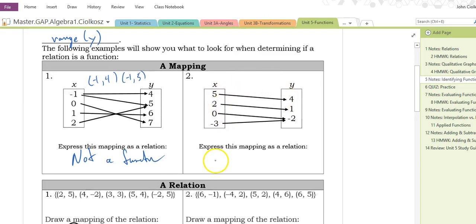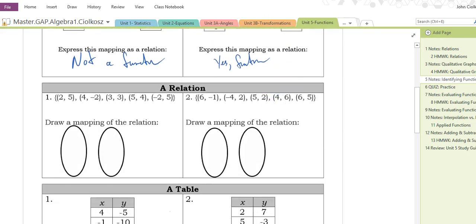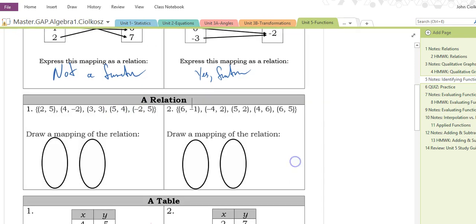None of these have 2 arrows, so yes, function. Now let's see. For these ones, I'm looking at the number 2. Let's see if it comes up again. No. No. What about the 4? No. No. No. The 3? No, no. 5? No. So since each of my x's, I only see them once, yes, it's a function.